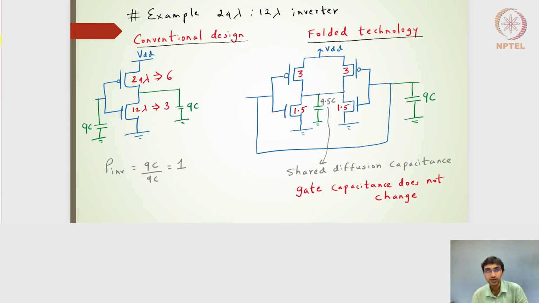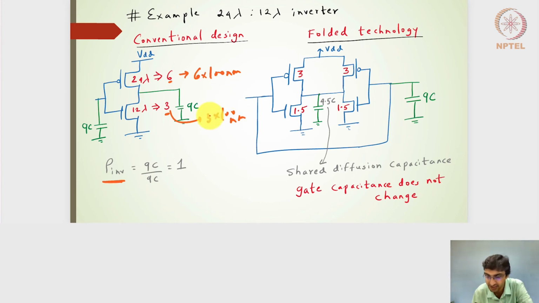So now let's have a look at the normalized parasitic delay in our linear delay model. I'm taking an example here of 24 lambda and 12 lambda. Let's say that it is the 6:3 inverter. So 6 represents 6 into 100 nanometers, that will be 600 nanometers, and 3 represents 3 into 100 nanometers.